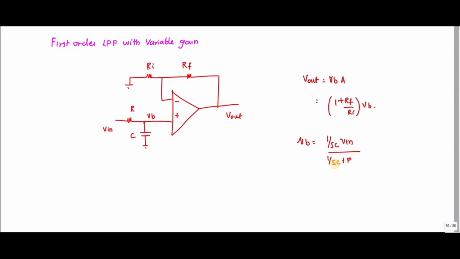So this is nothing but VB by V in is equal to 1 divided by 1 plus RSC. Okay. So you substitute this first value in the second value. Okay. So if you substitute, V out divided by V in into 1 plus RF divided by RI is equal to 1 divided by 1 plus RSC.